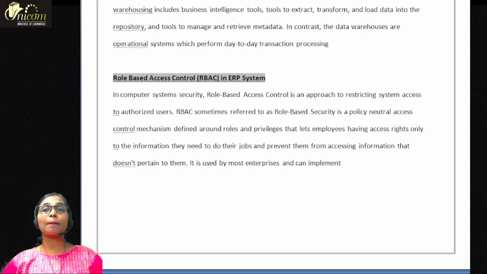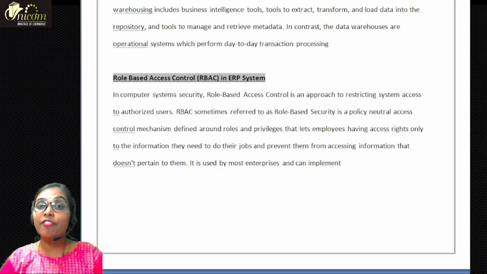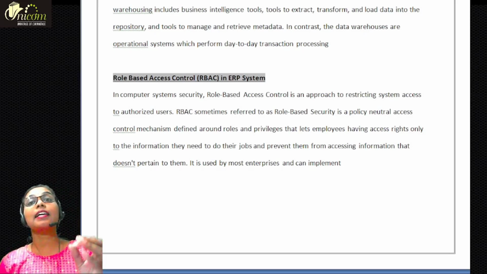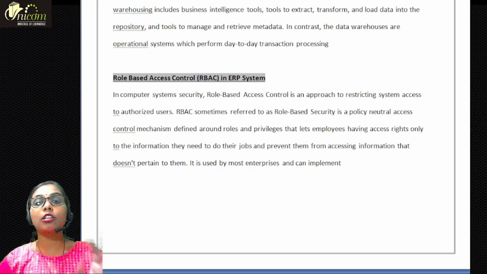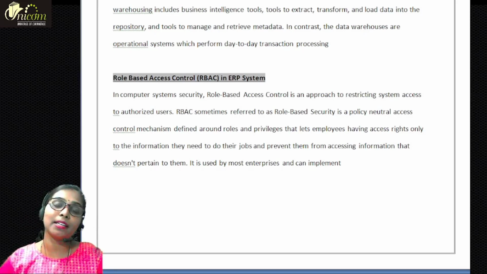In this what happens, they make sure that the employees work properly and it helps in preventing the accessing information that does not pertain to them. ठीक है, and it is very much useful in most enterprises and it can be very nicely implemented happily.